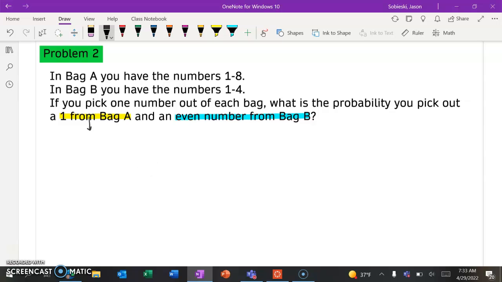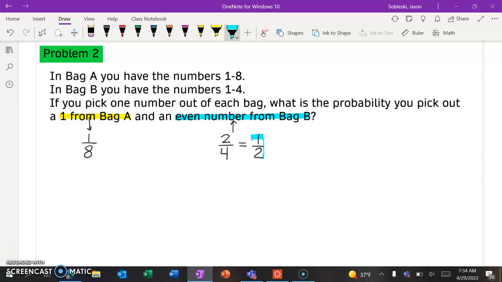Out of the 8 numbers in bag A, the number 1 is only one of them. So the chance that we would get a 1 is 1/8. Okay? And then out of bag B, 1 through 4, 2 out of those 4 options would be evens. And we can just simplify that again to 1/2.